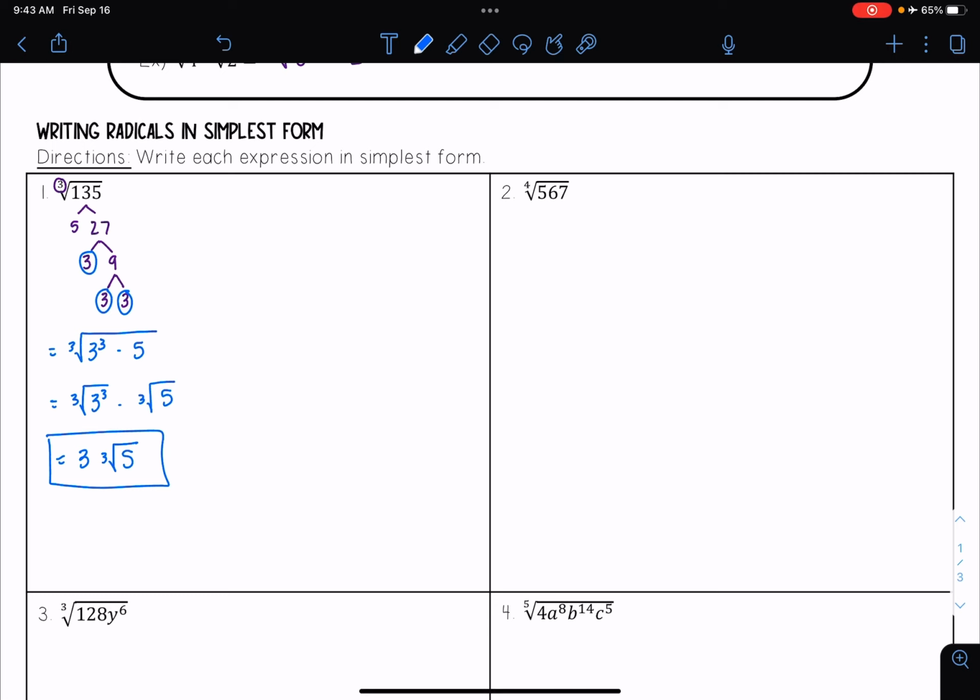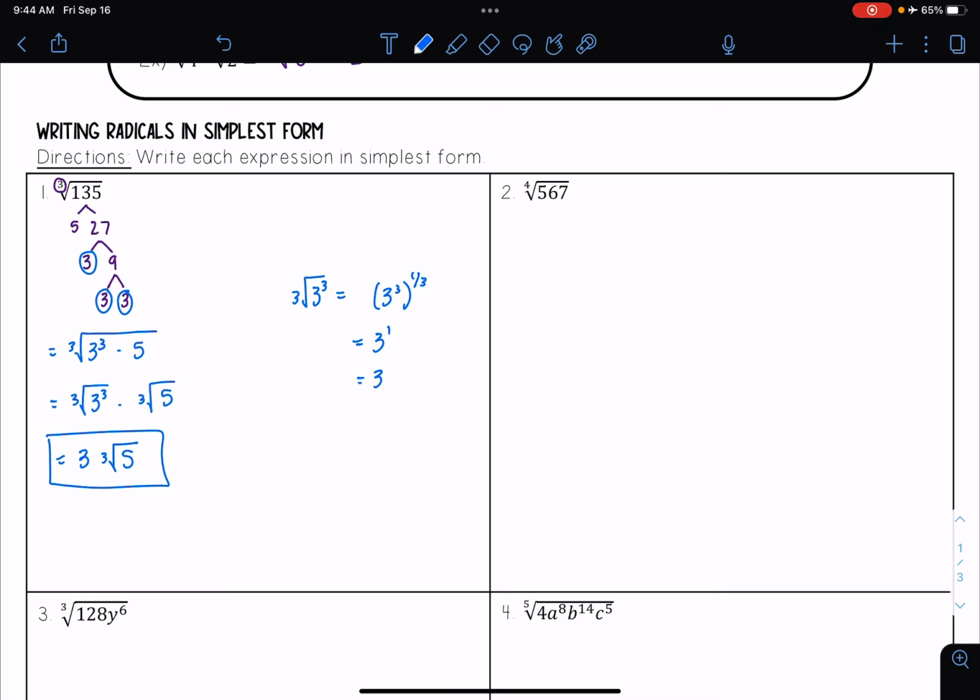And remember, the reason why the cubed root of 3 cubed gets me just 3 back is because I can rewrite that to instead be 3 cubed raised to the 1/3 power. And when I have a power to a power, I multiply those exponents. So 3 times 1/3 gets me 1, and so that gets me 3. So it's kind of a breakdown of how and why this works.